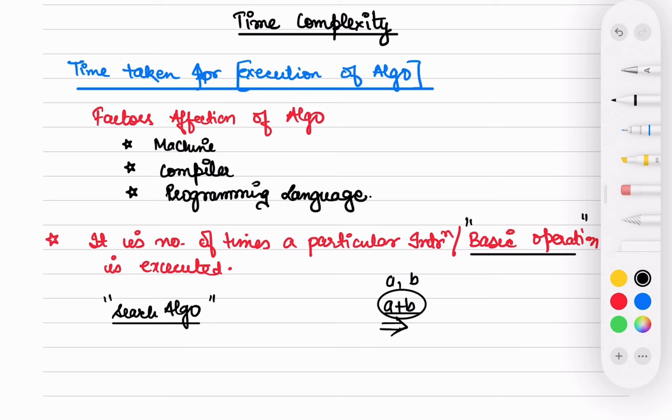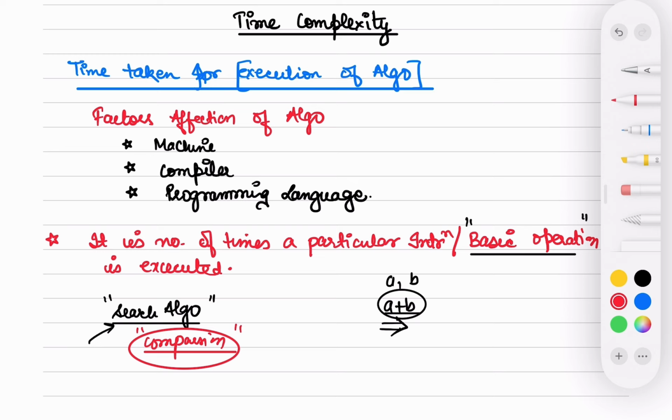Similarly, if I take a search algorithm, what do you think the basic operation will be? The basic operation here is comparison. You are comparing your key element with all the elements present in the array. So you calculate how many times this comparison has been made, and that is your time complexity.